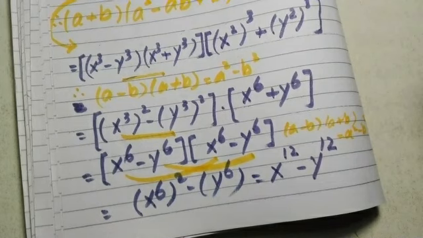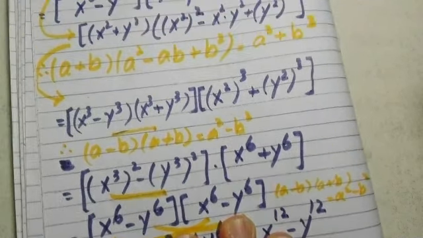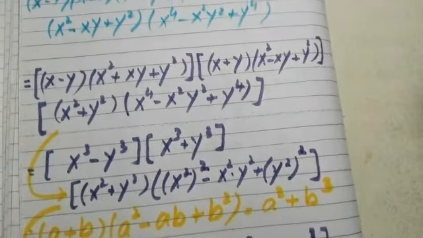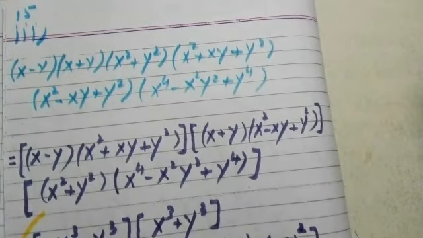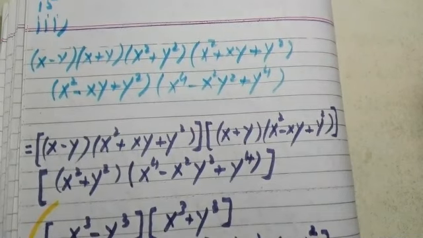If I summarize it again, you will see that at question number 15, we were asked to multiply 6 terms together. If we go for direct multiplication, it will be very lengthy. The objective is to use the big formula and then multiply these brackets.